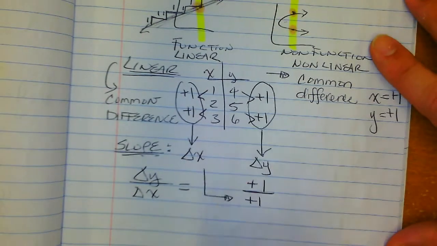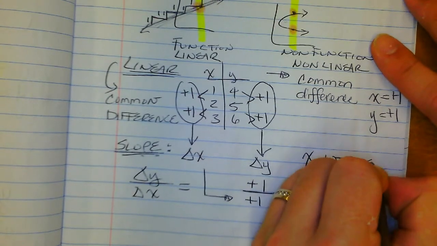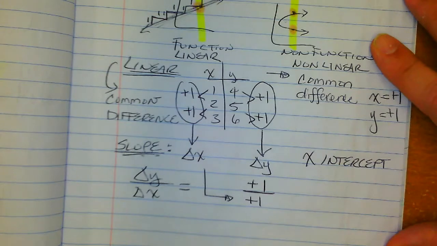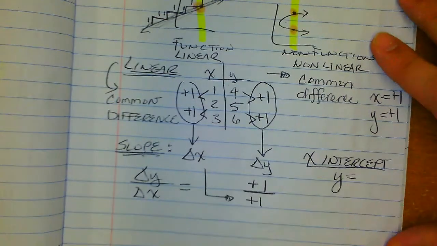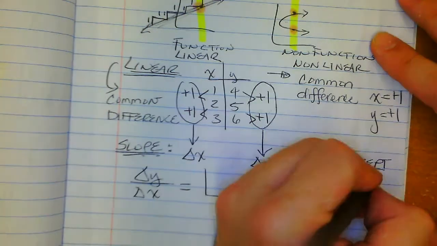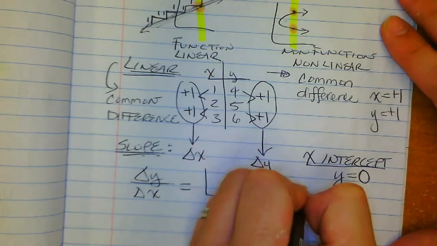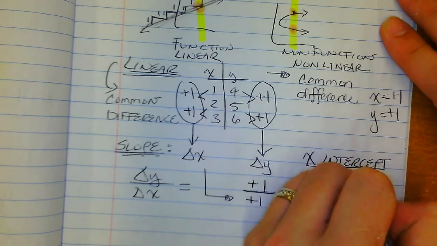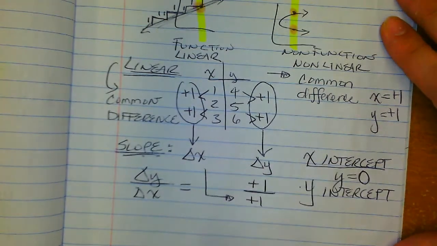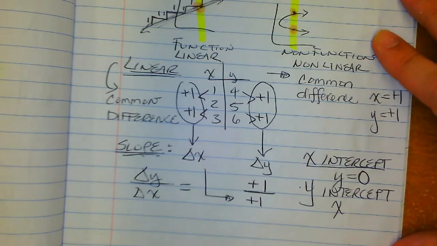And we know that we've got two intercepts as well. We have an x-intercept. The x-intercept happens when y equals what number? Good. 0. And the y-intercept, my bad. Y-intercept is when x equals what number? 0.